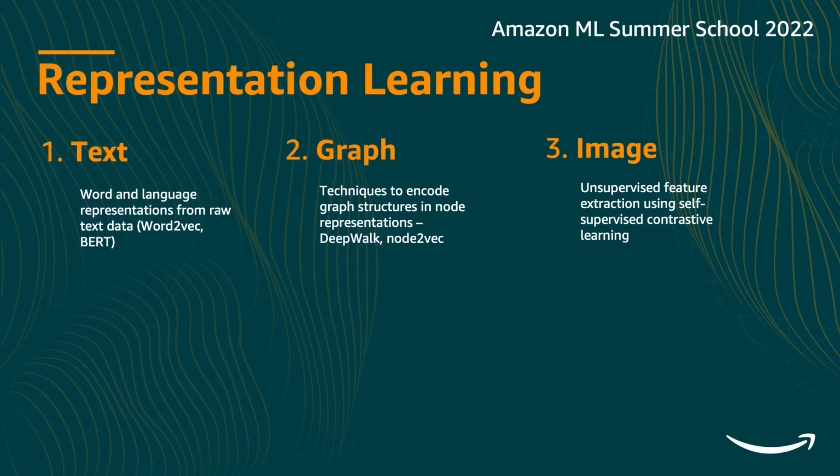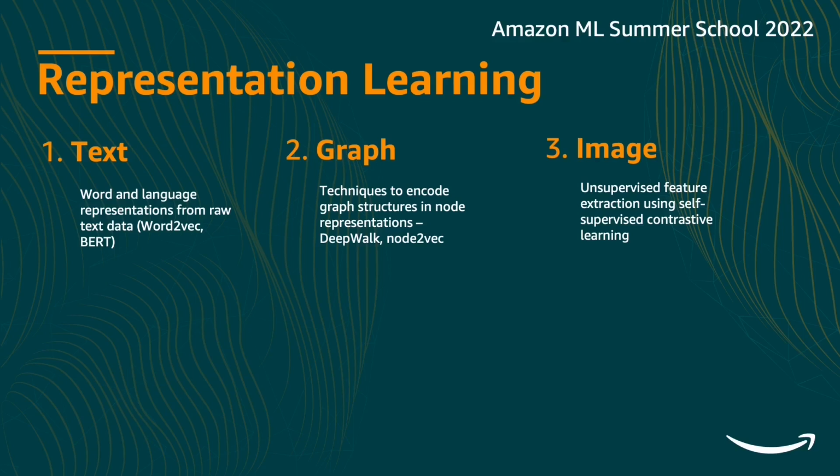And so we'll look at representation learning techniques for different domains: text, graphs, and images. In case of text, we'll look at word and language representation learning from raw text data, like word2vec and BERT models.